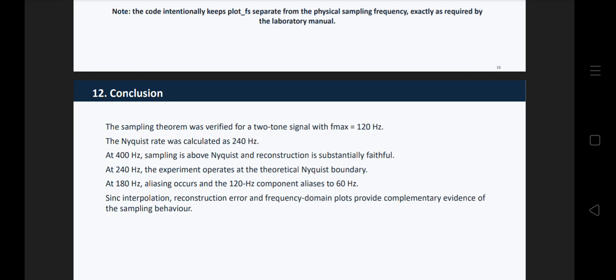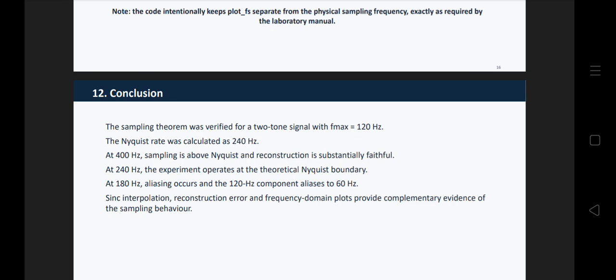At 240 Hz we operate at the theoretical Nyquist boundary, and at 180 Hz aliasing occurs and the 120 Hz component appears at 60 Hz. The time domain plot, frequency domain plot, sinc reconstruction and the error analysis all provide evidence of this behavior.